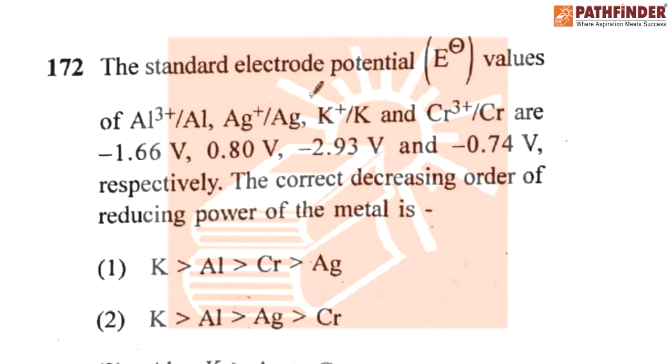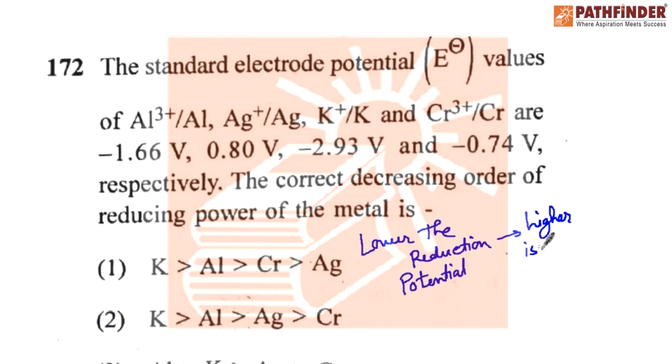172. The standard electrode potential values are given. See, all the reduction potential values are given: Al3+ to Al, Ag+ to Ag, K+ to K. You must know one thing: lower the reduction potential, higher is the reducing property.